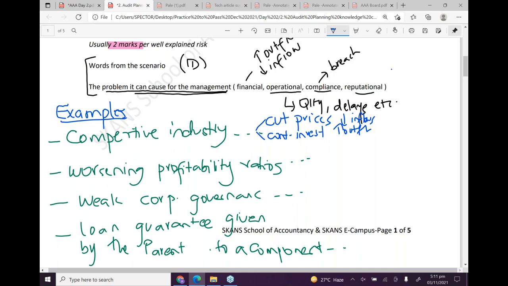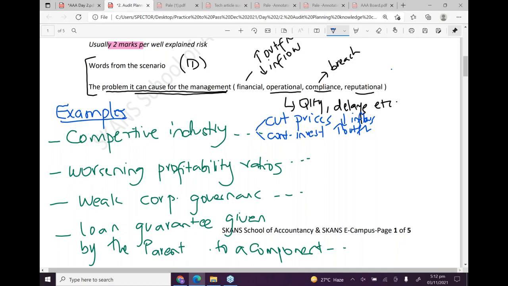So I read the information, I did some calculations, right? I've calculated the GP margin, I've calculated the operating profit margin, and it's all worsening. Calculation marks aside, you can't simply write the GP and operating profit margins are going down. The markers are going to say, thank you, well done for knowing basic maths, but I'm not giving you any marks for that.